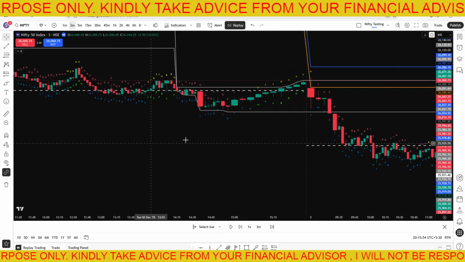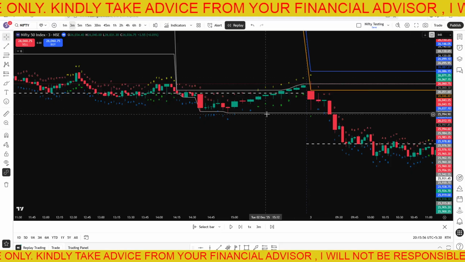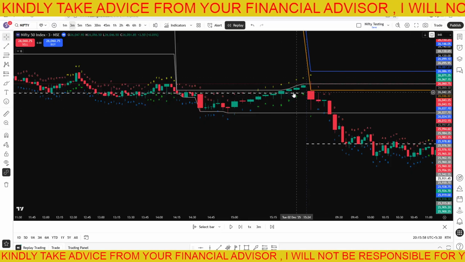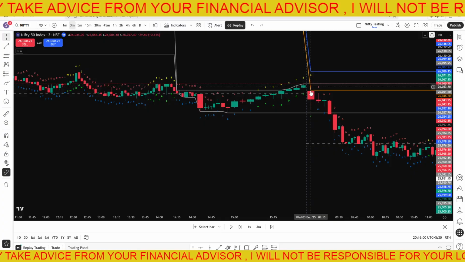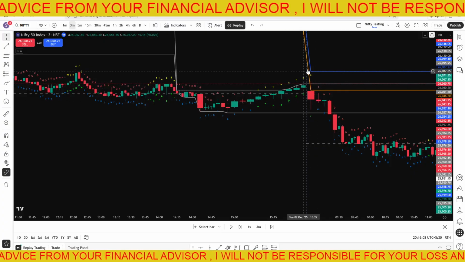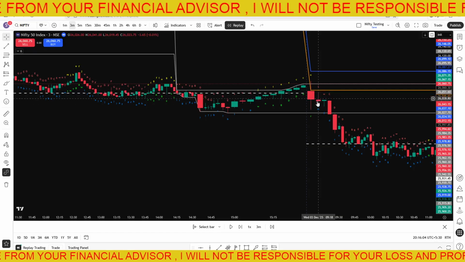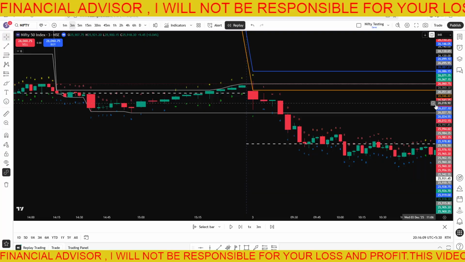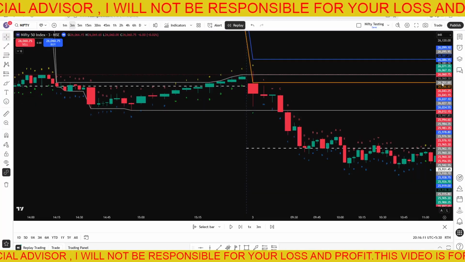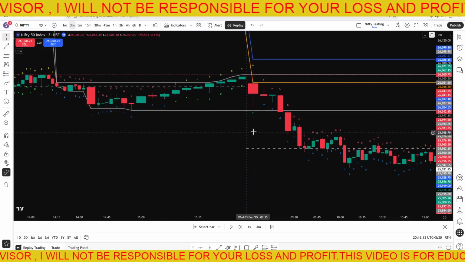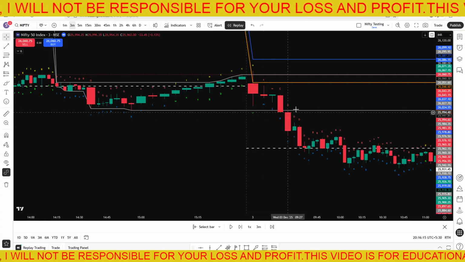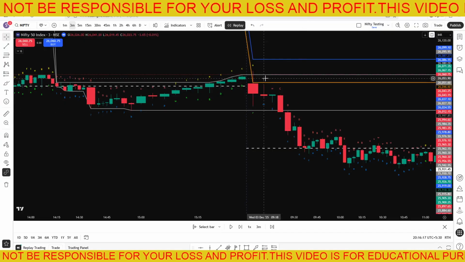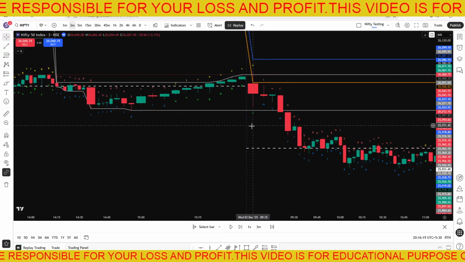Second, yeah, price is below POC, closing below POC, below pivots, lower side of the zone, and we didn't get much confirmation here, but at the second candle we got the confirmation.